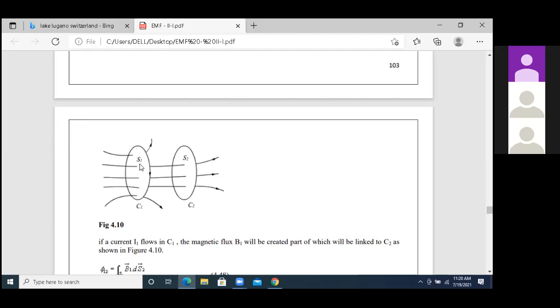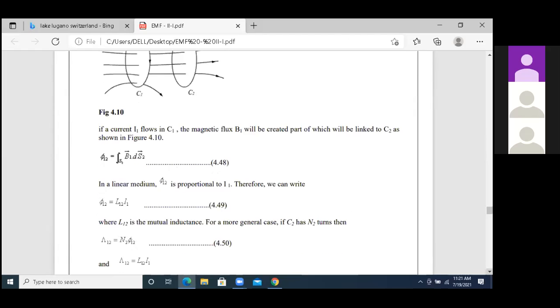S1 is the surface of loop 1. S2 is the surface of loop 2. So I1 flows through C1. The magnetic flux B1 will be created, part of which will be linked to C2 as shown.